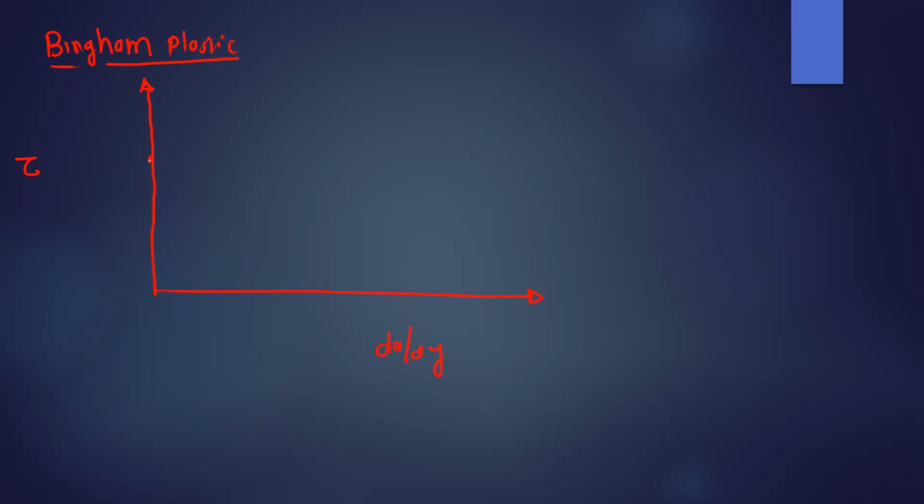Up to a certain value of shear stress, the fluid will not start motion. It will behave as a perfect solid, and after this particular value, it will come into motion. And then after that it will behave as a perfect Newtonian fluid. So this is the strange behavior, and this is called the Bingham plastic.